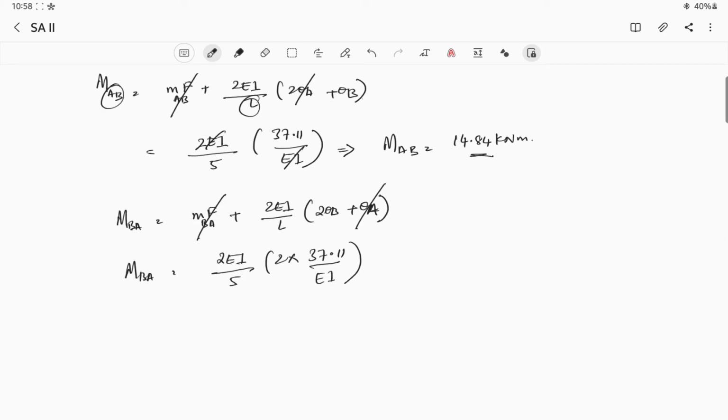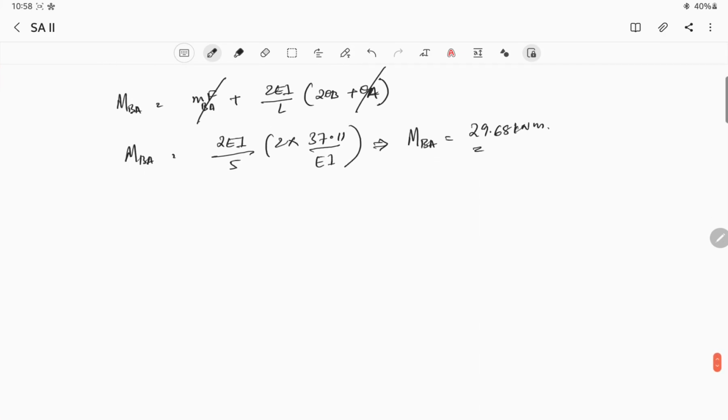If you calculate this value, you will get 29.68 kilonewton meter. That is, MBA is equal to 29.68 kilonewton meter.